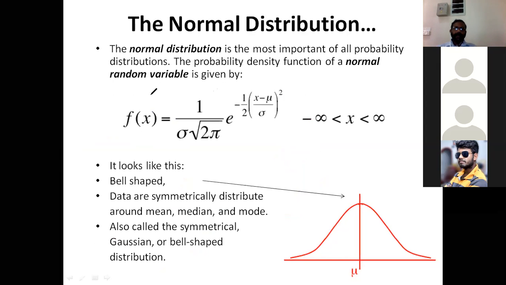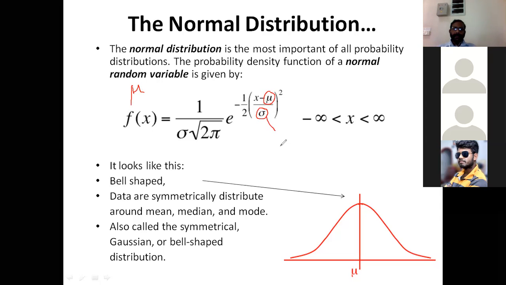We learned about several parameters. This is one parameter, population mean. So tell me, what are the parameters basically? Mean and standard deviation basically, right? So these are the two parameters.